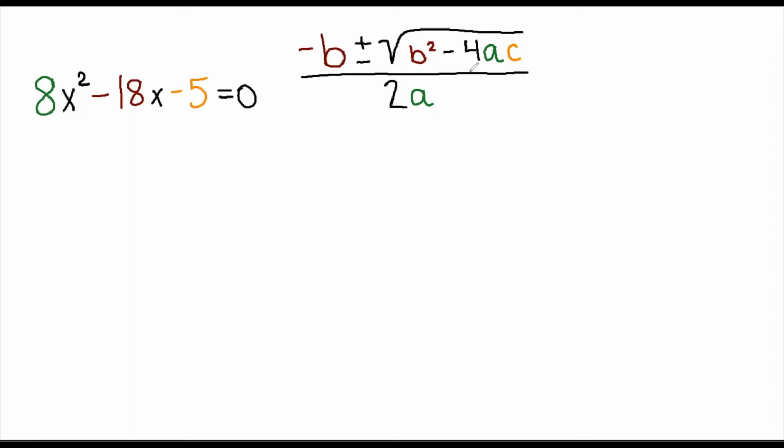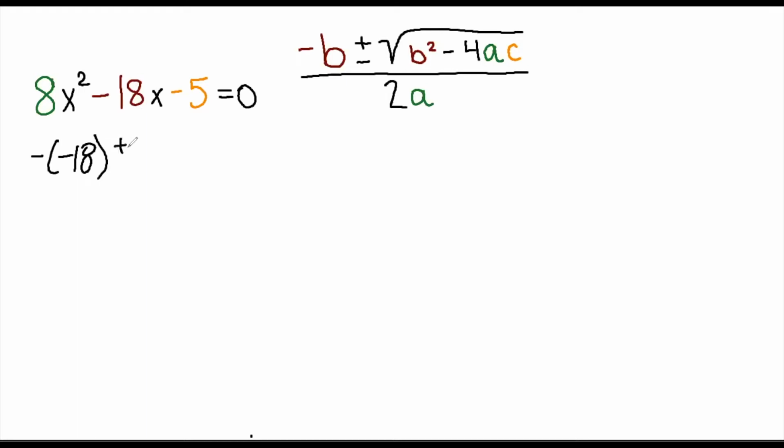So I've color coded where everything needs to go to fit into the equation. So we have minus negative 18, and it has to be negative 18 because the way that it is in the problem is minus 18, so we have to keep it negative.